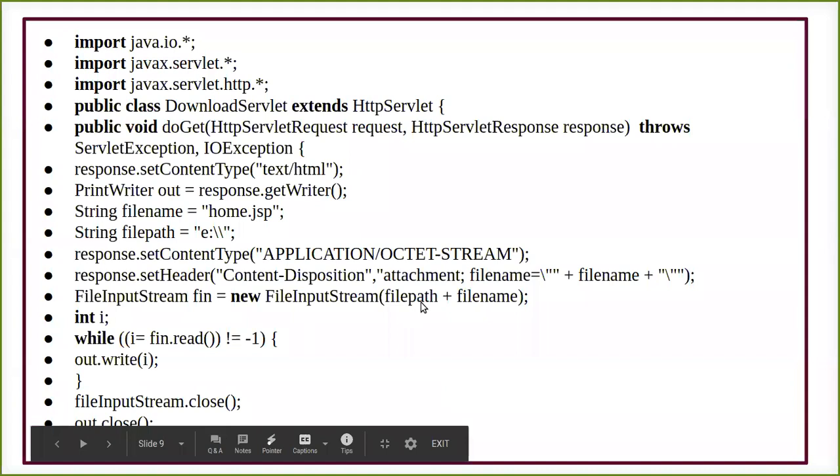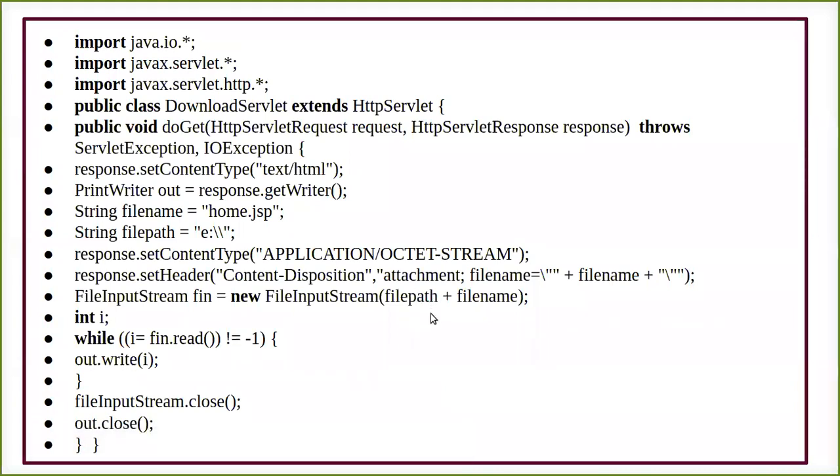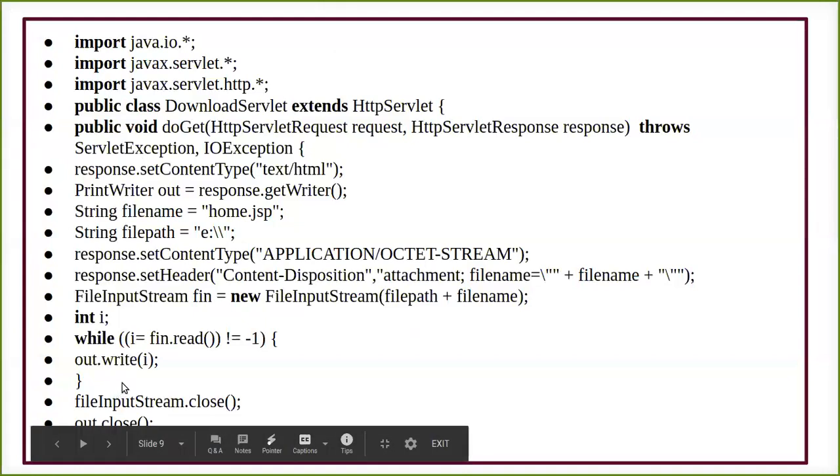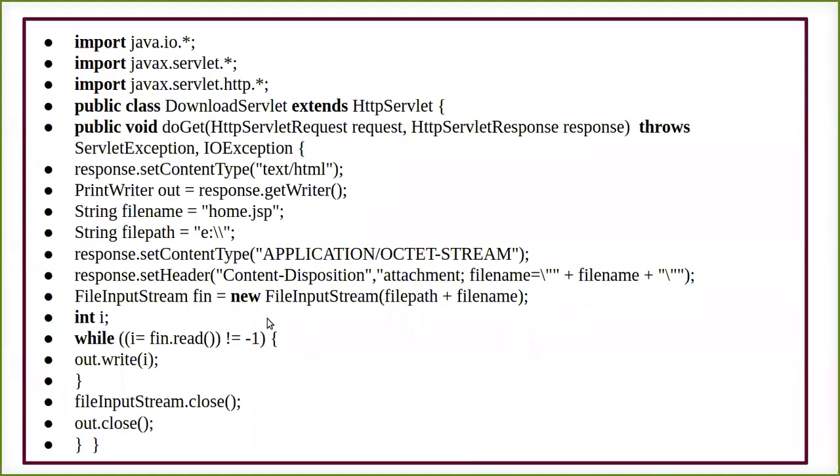If you can see what I've done, I've given the drive and the file name. Now I'm trying to read that file. You can see this while condition, which we have used previously also. Whichever file I'm trying to read, this fin object is holding it. Currently it is holding home.jsp, located in the E drive.